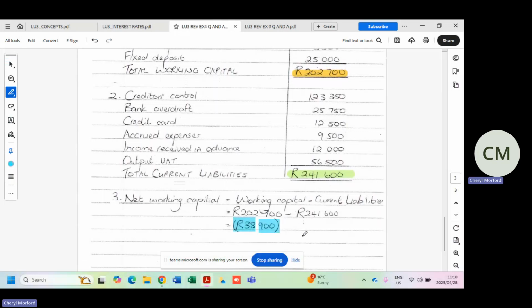Is that a mistake? Definitely not. Let's see why. We have more current liabilities than we have current assets. So therefore, our net working capital will be a negative number. And what does this indicate about the business? That it does not have sufficient current assets to be able to service all its current liabilities.